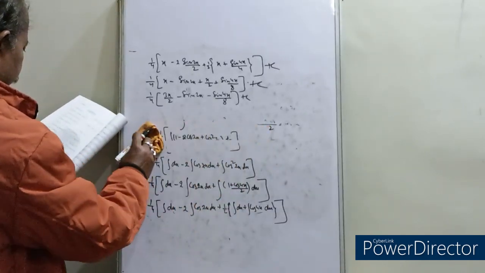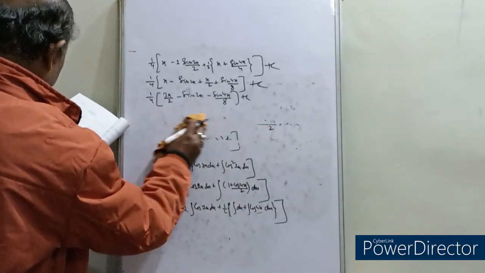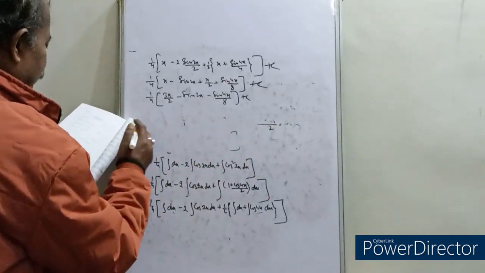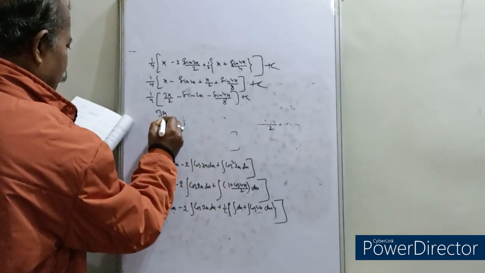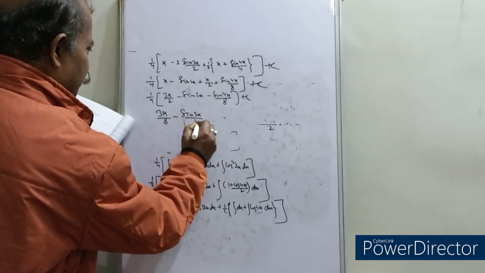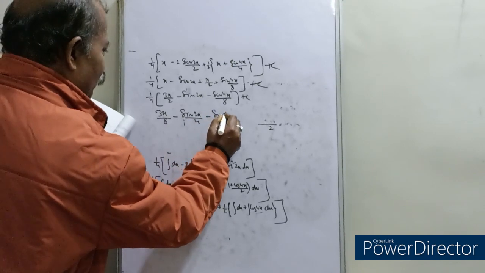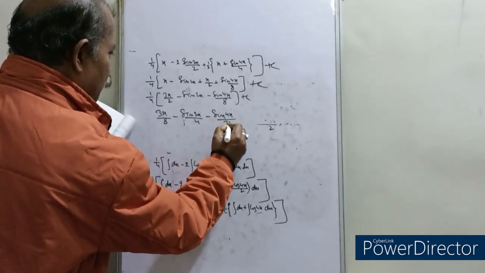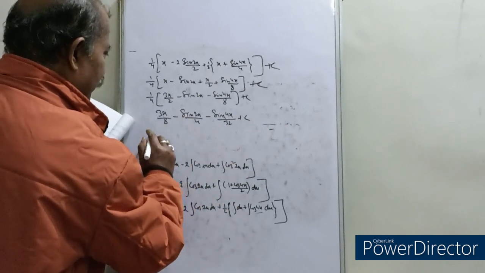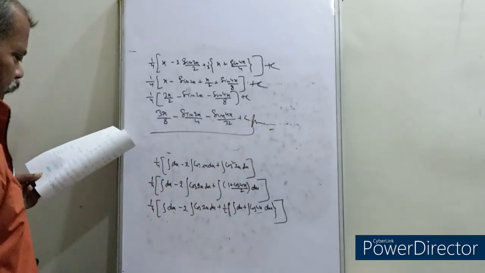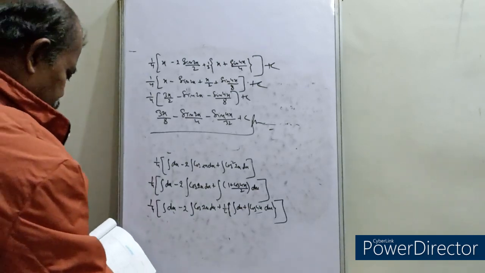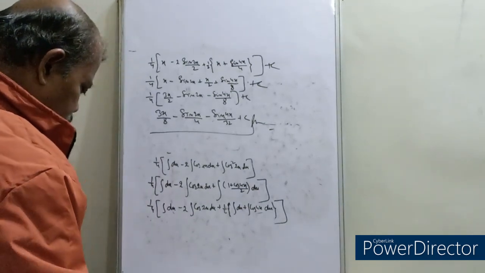So here you see the answer comes out, it is correct. 3x by 8 minus sine 2x by 4 minus sine 4x by 32 plus c. This is your answer. So this is how integrations are done.